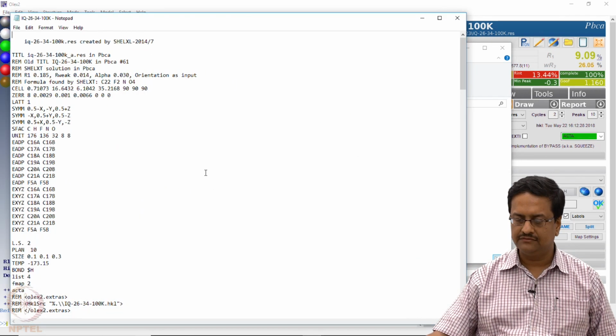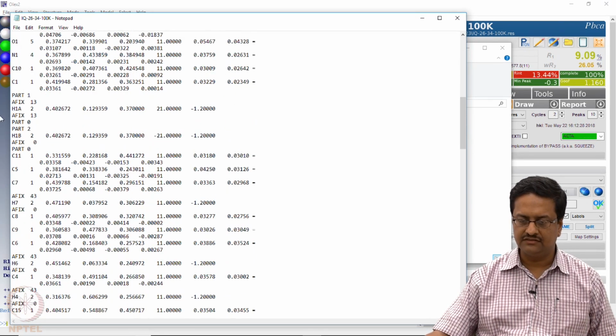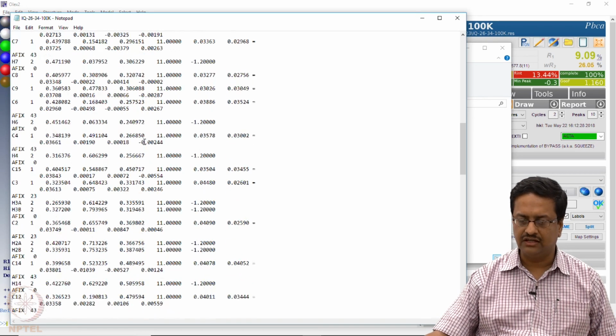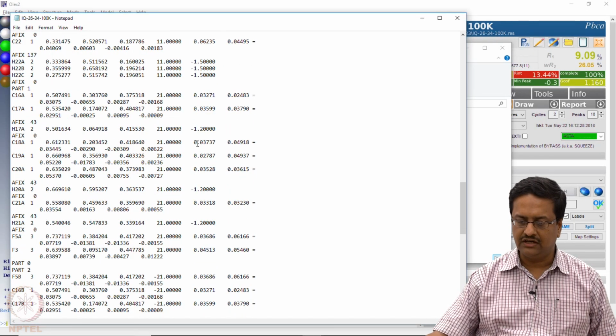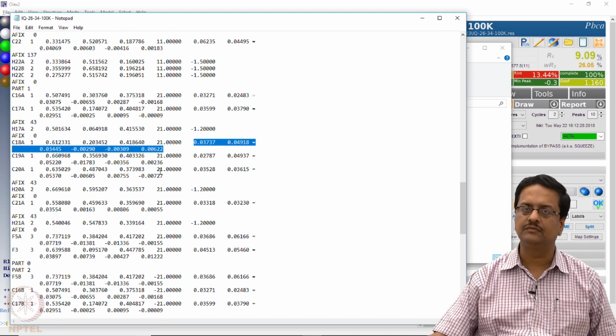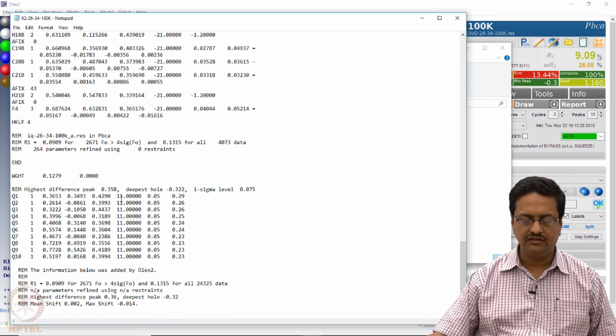which now will have the disordered sections again segregated, but now with the corresponding hydrogens, and you can see these 21 and minus 21 have the anisotropic thermal parameters associated with them, and the structure is complete.